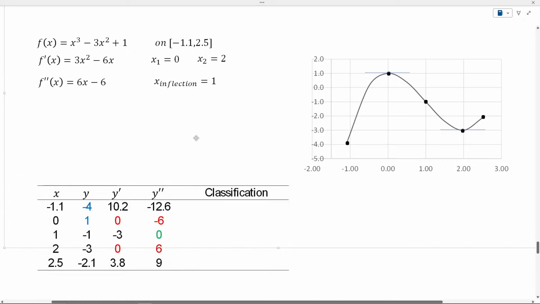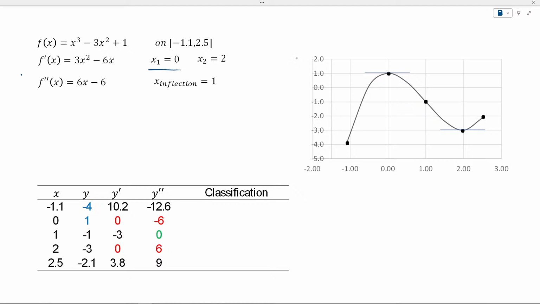Now we're good. Okay, so I just summarized this problem for you here. What you see here is your function, your first derivative, and the second derivative of the function. I have one critical point at x equal to 0, this guy here. I have another critical point at x equal to 2. I have an inflection point here.